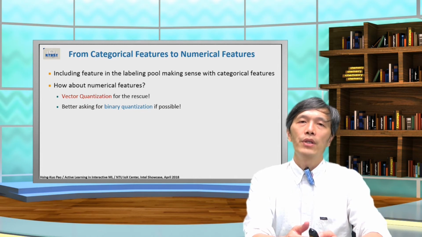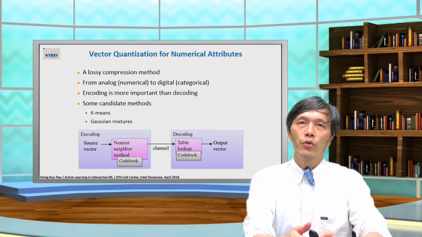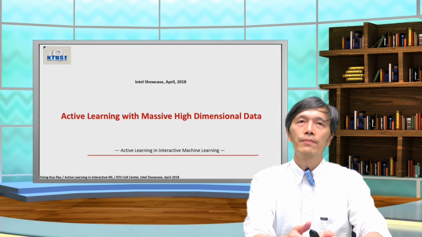Then maybe we can try the same trick as with the categorical features, and hopefully we can see good performance. Vector quantization is basically a technique to transform a numerical signal to a digital signal. I think it's a well-known technique, so we are going to skip this part.